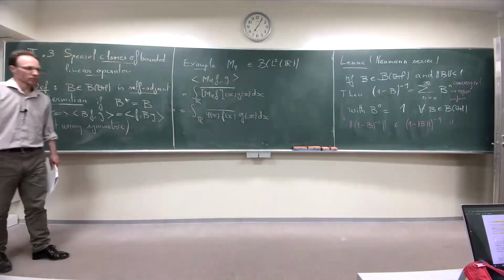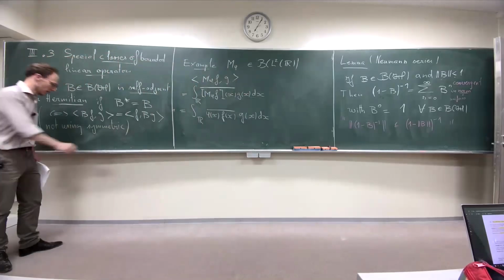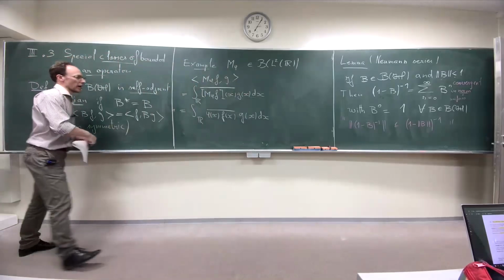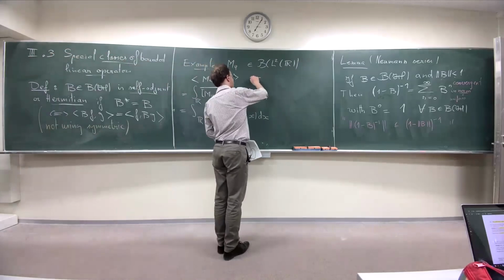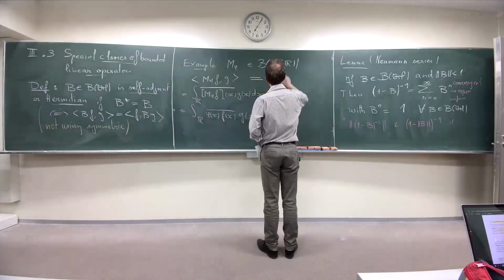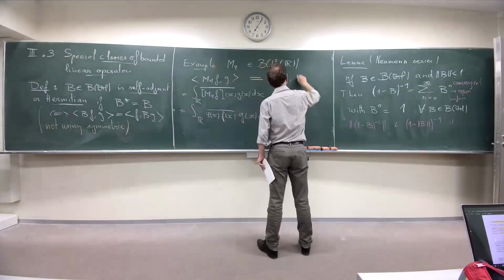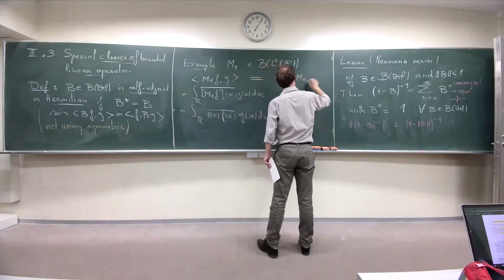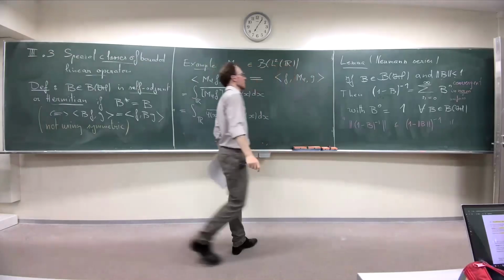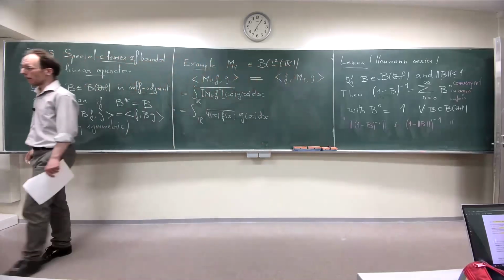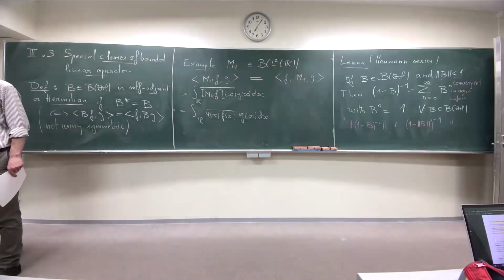That's the definition. Now, this is what I want to have: that this is equal to F, M phi G. I want to know what is the condition such that M phi is self-adjoint.